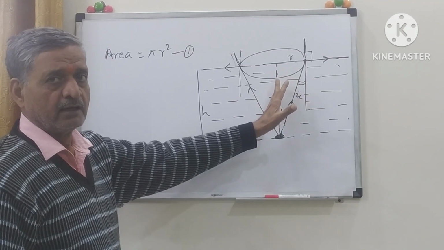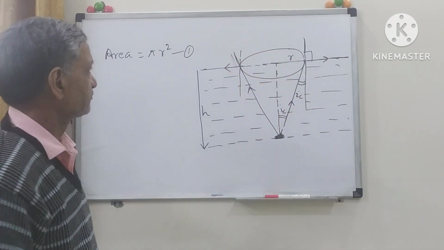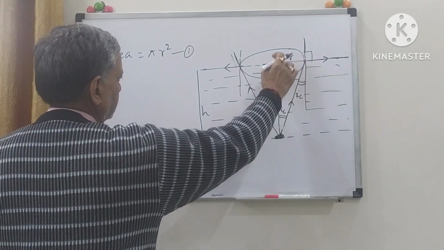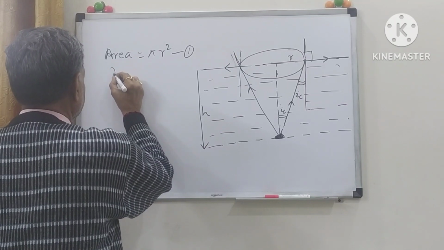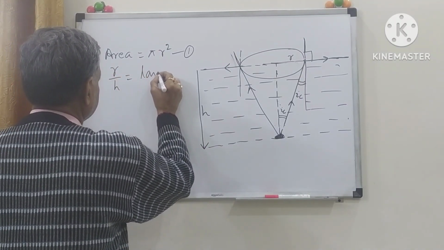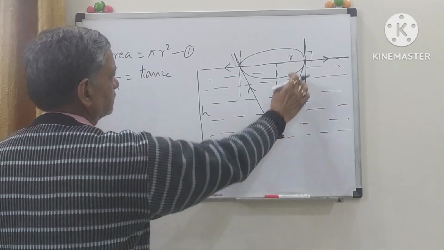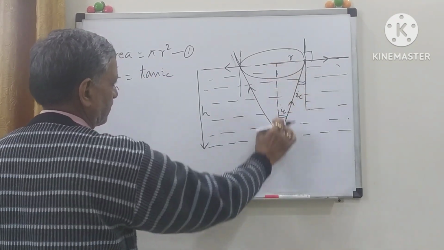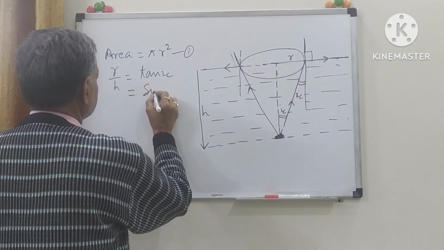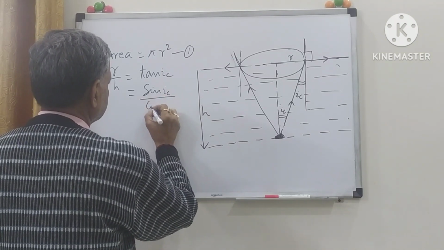Clear? Through this area the rays are coming out. Now from this triangle, R by h is equal to tan of IC, perpendicular upon base. Tan IC means sin IC upon cos IC.